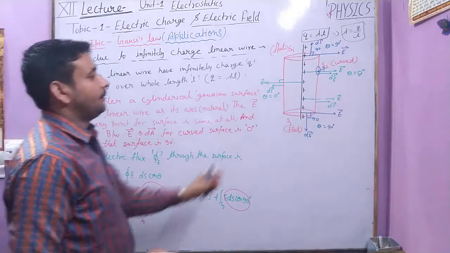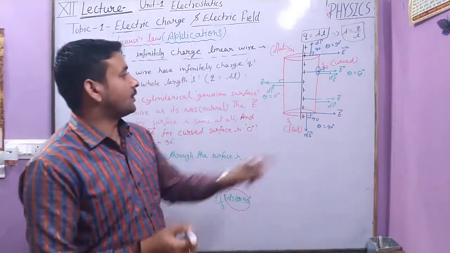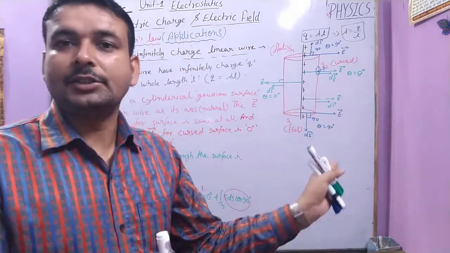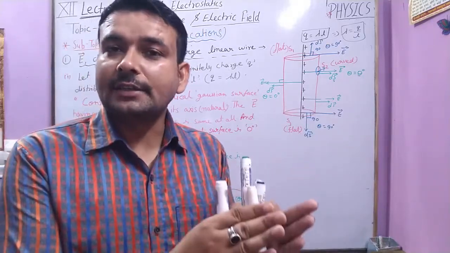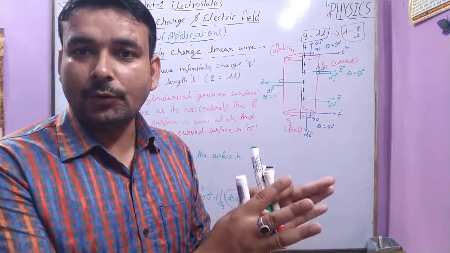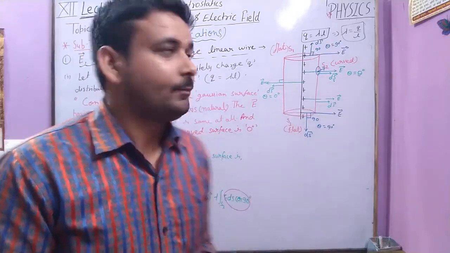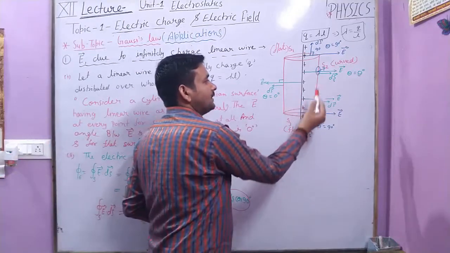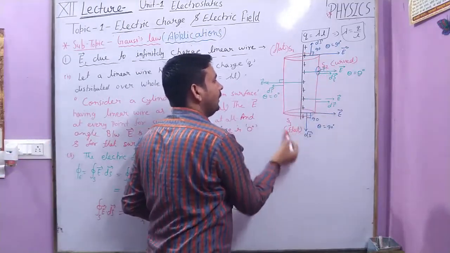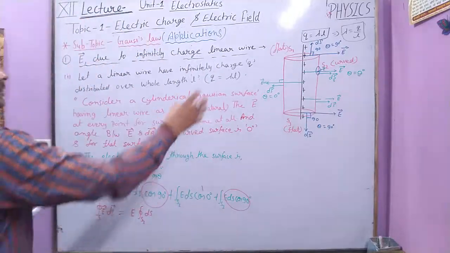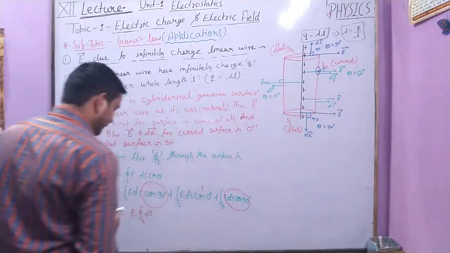Okay, and as per the property of charge, the charge is always distributed on the surface of the conductor. So this whole charge is distributed over the boundaries of this surface, which means on the curved surface.